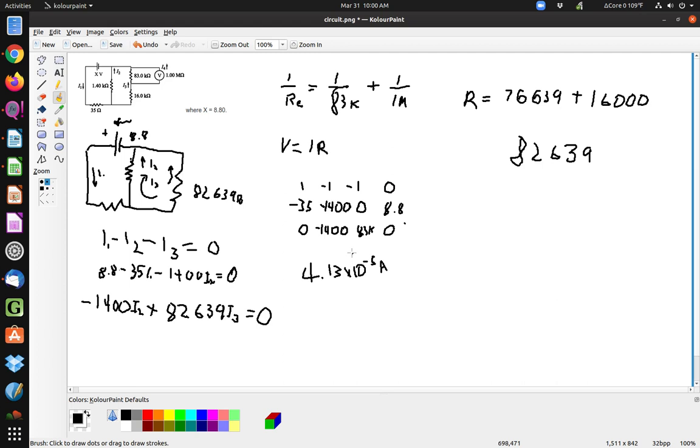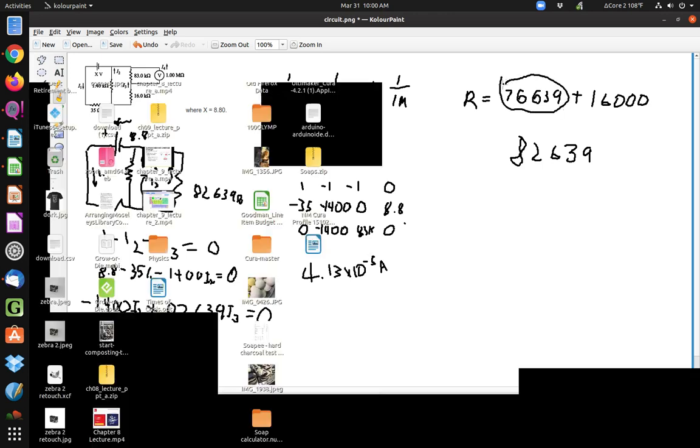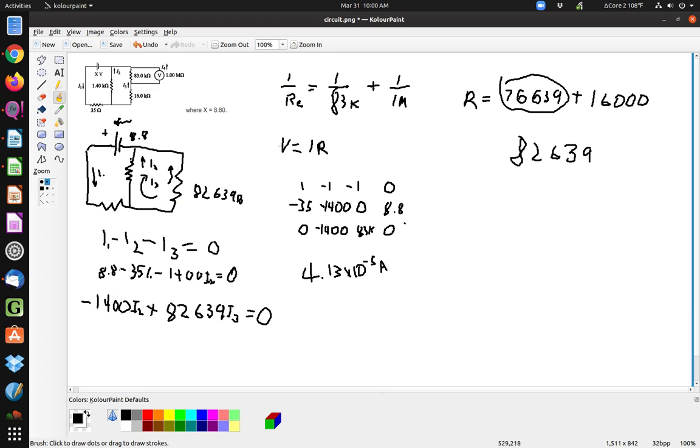Alright, so here's our current, 4.13 times 10 to the negative fifth amps. Our equivalent resistance is going to be this 76,639. We know that V is equal to IR. Both of these are going to see the same voltage. So let's go ahead and multiply these together.